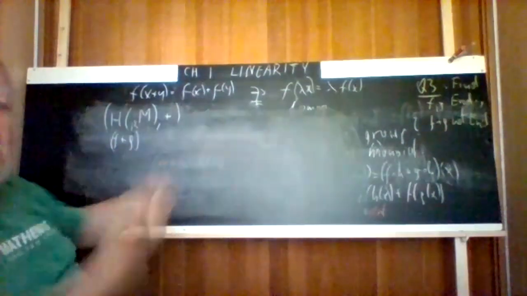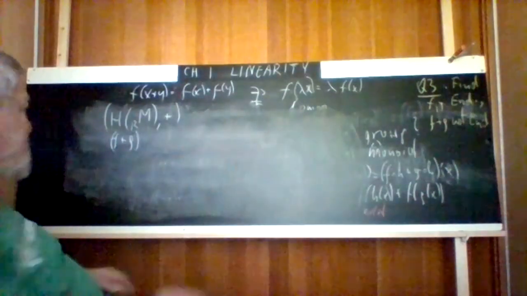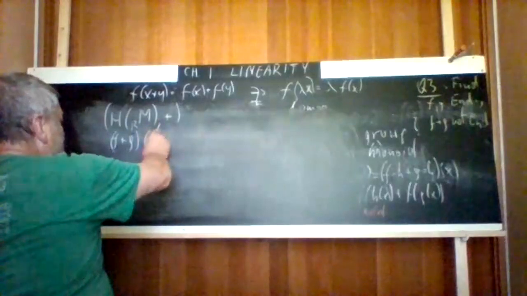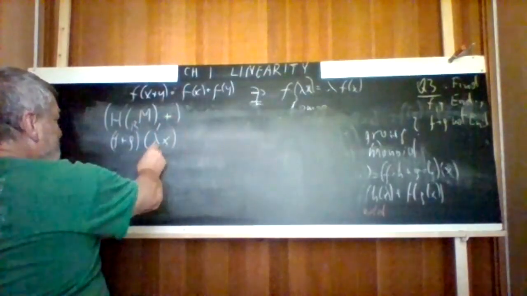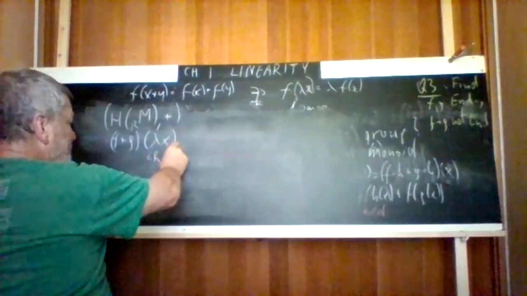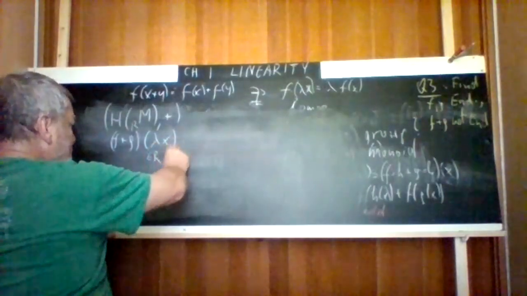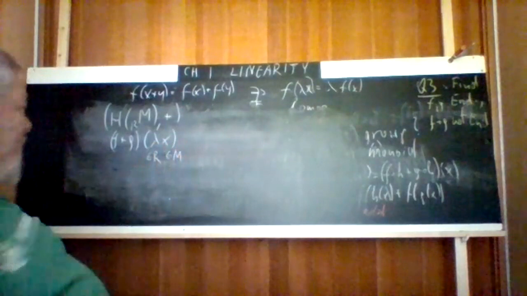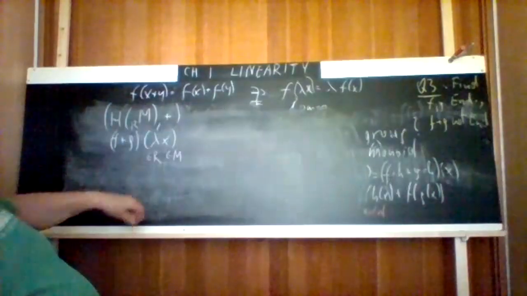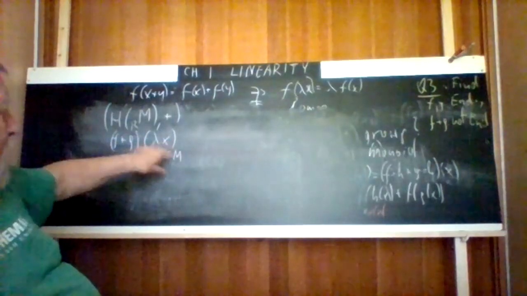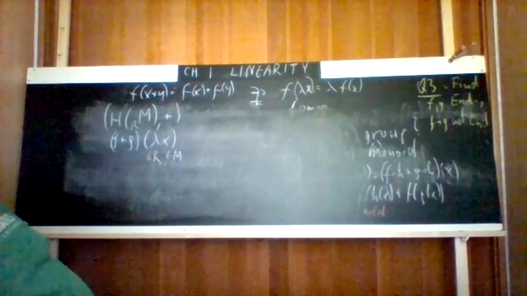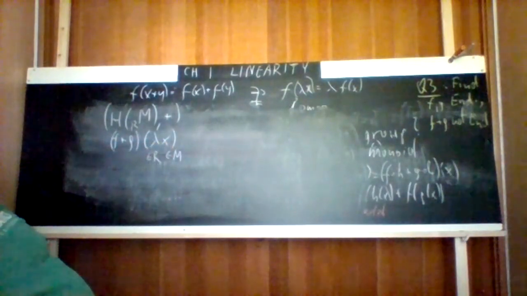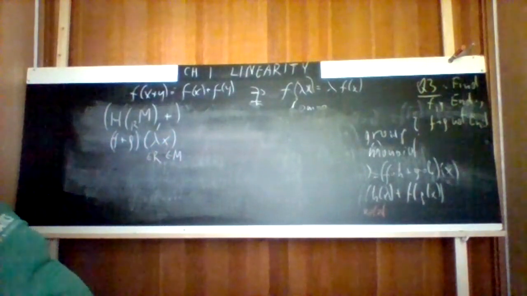We apply it to some lambda x, where lambda is an element in R, and where x is an element in M. Later on we'll write R and M, but this is so familiar and close to the case of linear algebra that I would like to do it this way first.